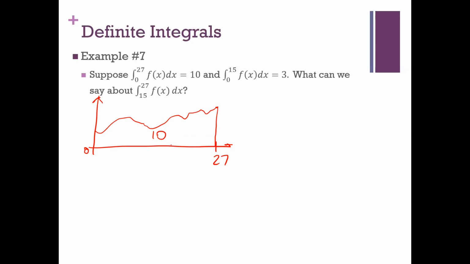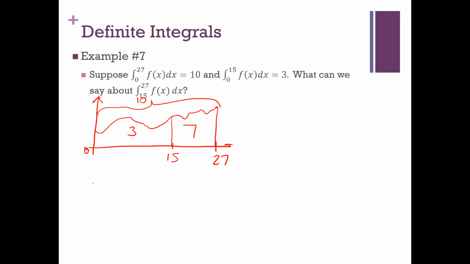But if I divide this into a couple of pieces, this area right here is 3, right? And if the whole area is 10, this remaining area has to be 7, right? Does that make sense? Okay.